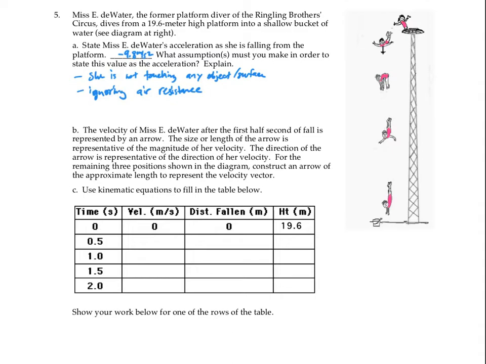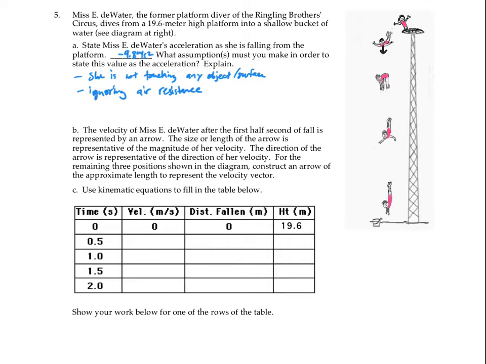The velocity of Missy DeWater after the first half of the fall is represented by an arrow. The size or length of the arrow is representative of a magnitude, which just means the size of her velocity. The direction of the arrow is representative of the direction of her velocity. For the remaining three positions, construct an arrow of approximate length to represent the velocity vector. So if this first arrow on this diagram is that long, what's her velocity going to do as she falls?